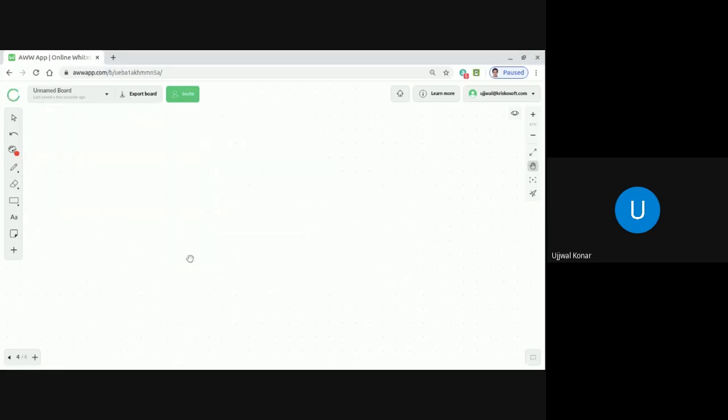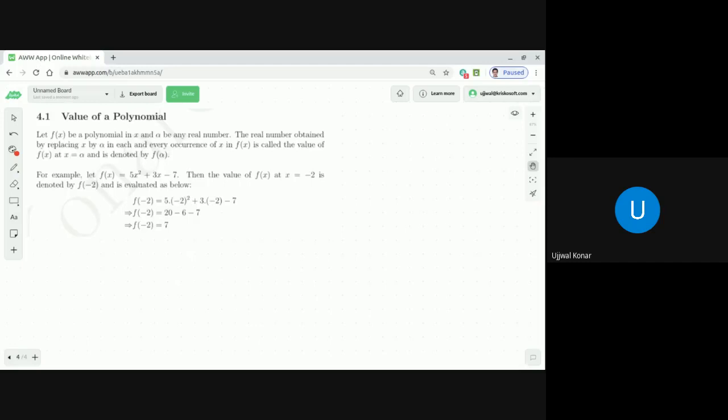So dear students, generally a polynomial is denoted by f(x). Suppose you have a polynomial 5x square plus 3x minus 7. As you know, dear students, this is a polynomial of degree 2 because the maximum power of x is 2 here.